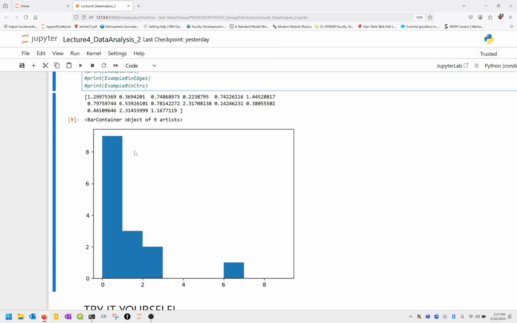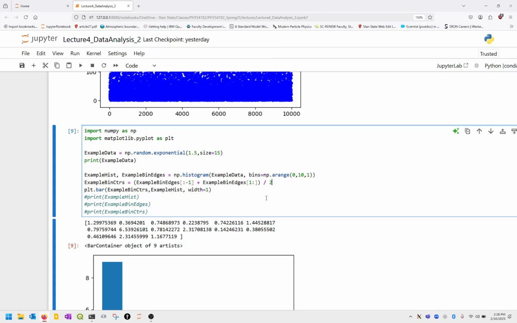But if you're making a plot, this number is 9, this number is 3, this number is 2, 0, 0, 0, 0, 1, 0, 0, 0. There are 10 numbers you're plotting against each other. In order to convert the bin edges to the bin centers, I'm just going to give you guys the code because you can look this up on the internet anyway.